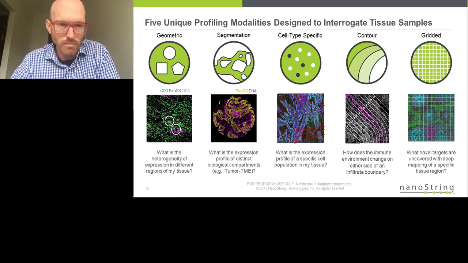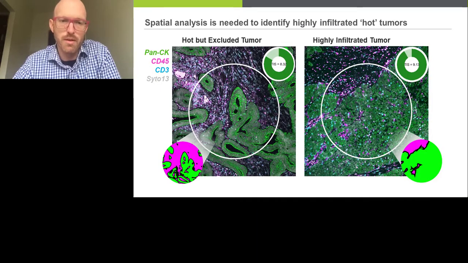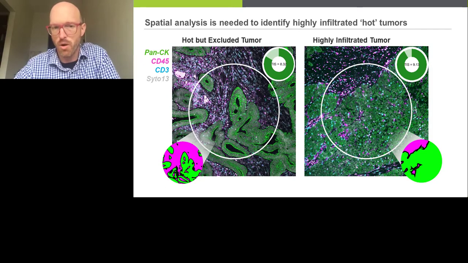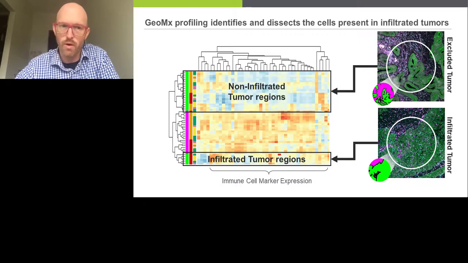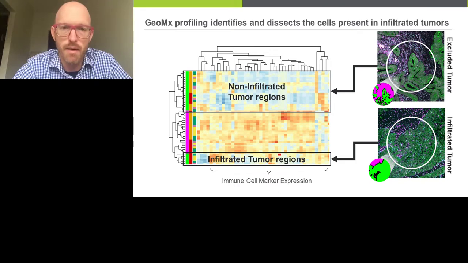So going back to our example here, we have two very different tumors that have the same bulk signature, but we'd want to profile them so that we could really pick apart what's happening here in a spatial manner. So you could just draw geometric circles over each one of those. And we can see here at the top, we have non-infiltrated tumor regions, right?